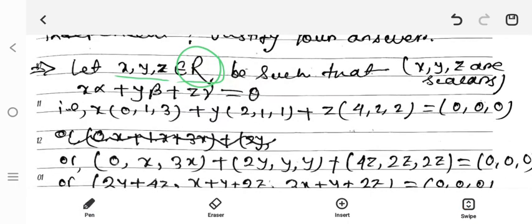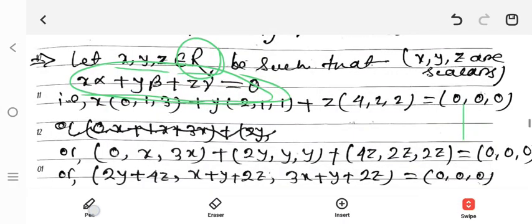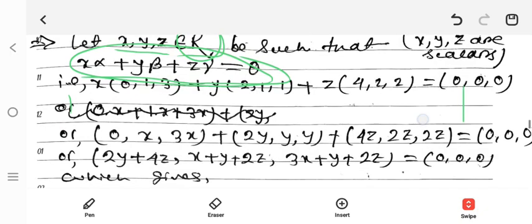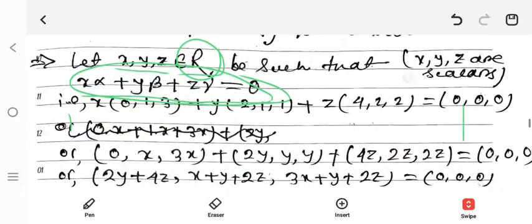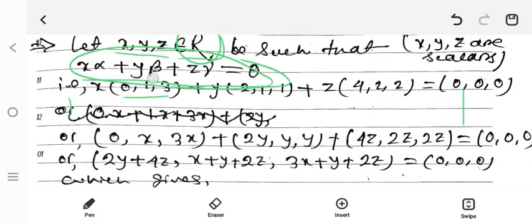We can represent that as the scalar multiplication with our respective vectors, summed together, equal to 0, meaning the null vector. Now put the values of the alpha vector given here, 0, 1, 3, and the beta and gamma vectors.